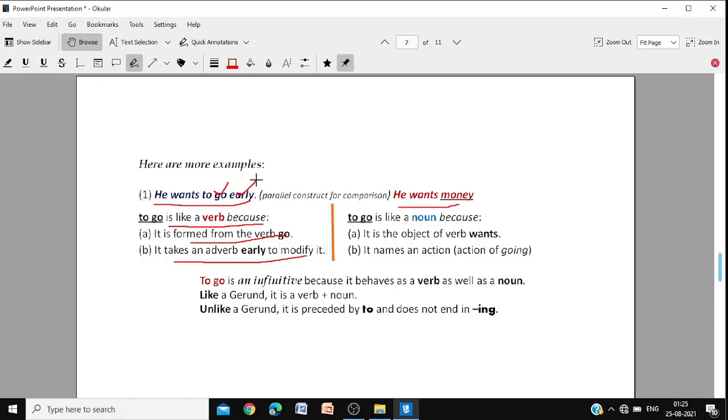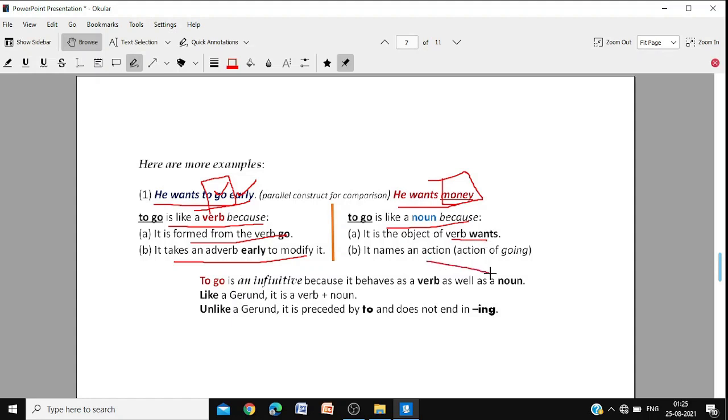Early is the adverb of time. He wants money. Money is the object. Then he wants to go. To go is also the object. So to go is the object of the verb wants.